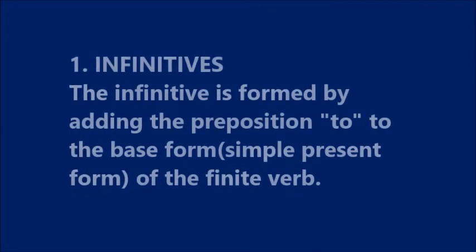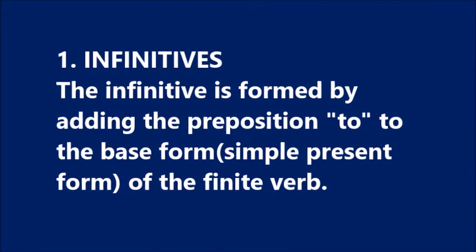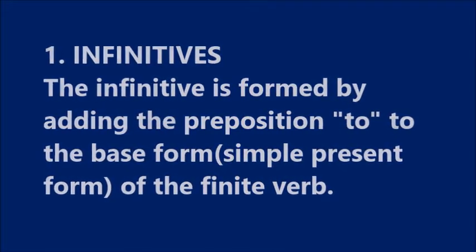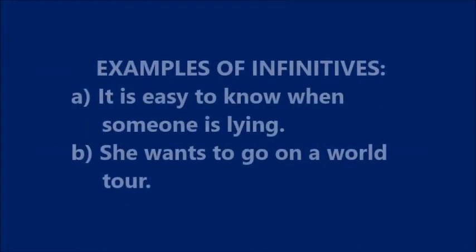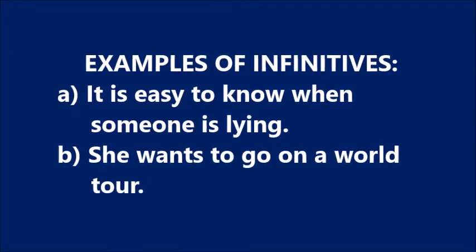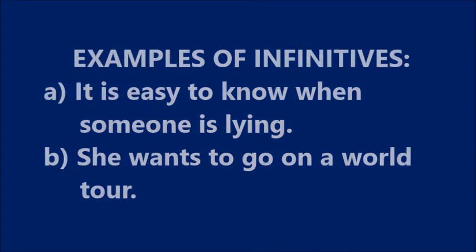The infinitive is formed by adding the preposition to to the base form, the simple present form of the finite verb. Examples for infinitives. It is easy to know when someone is lying. She wants to go on a world tour.